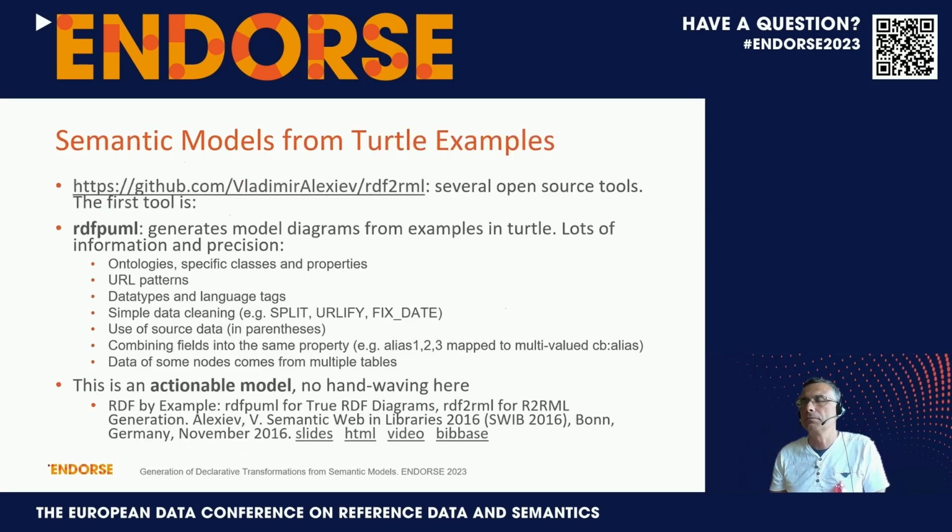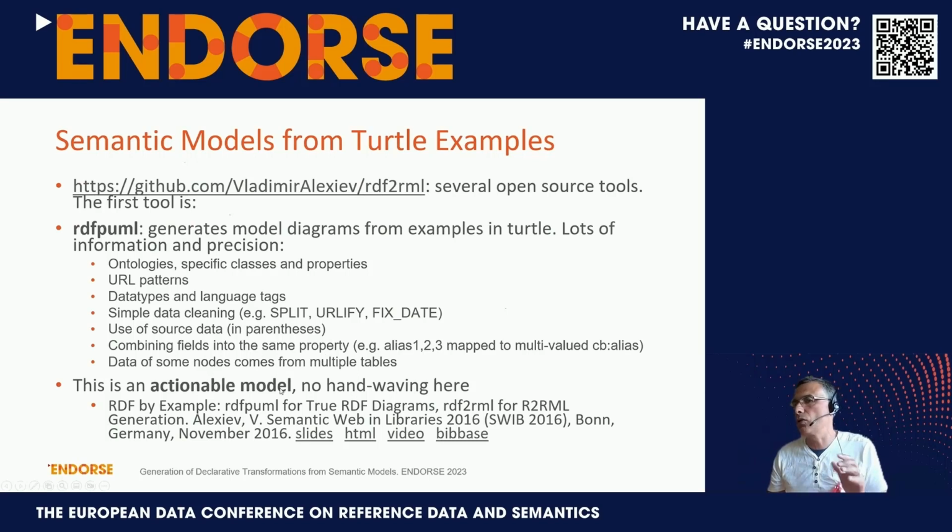So this is an open source tool. This is the GitHub location. And I'll first describe RDF Puma. So it allows you to specify very precisely how your semantic data model looks like, including URL patterns and data types and language tags on the literals that you want to use, how you combine or split fields and so on.